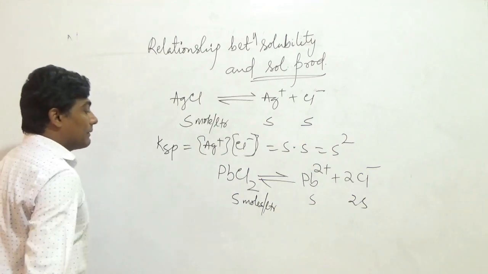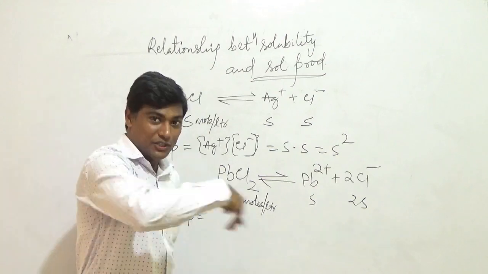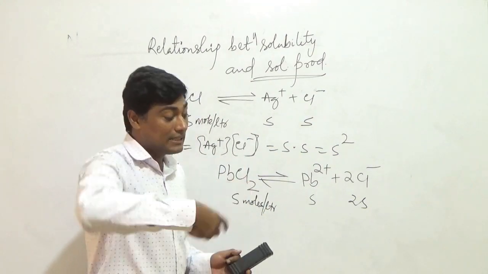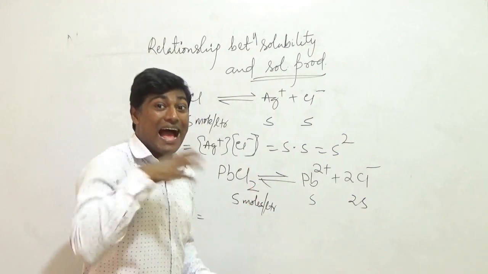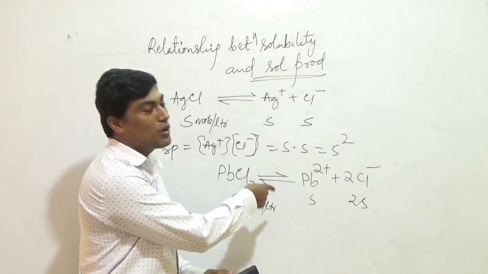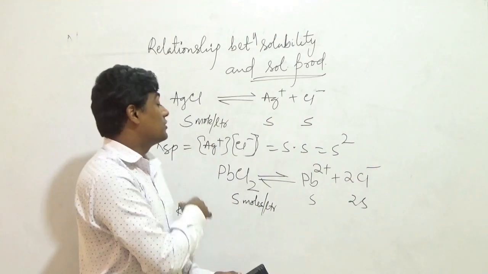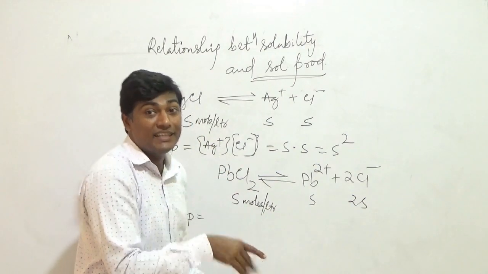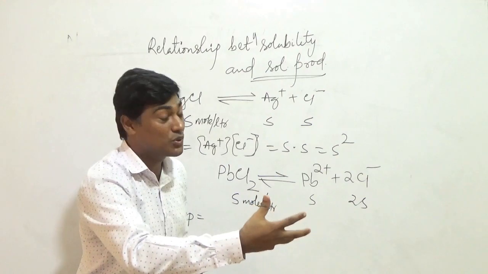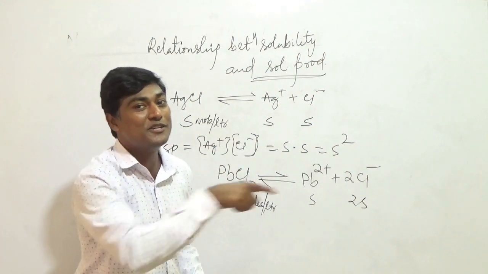So now you can write Ksp. We can apply the chemical equilibrium to this reversible reaction, find the equilibrium constant, and multiply the solid PbCl2 concentration with K to get the solubility product.